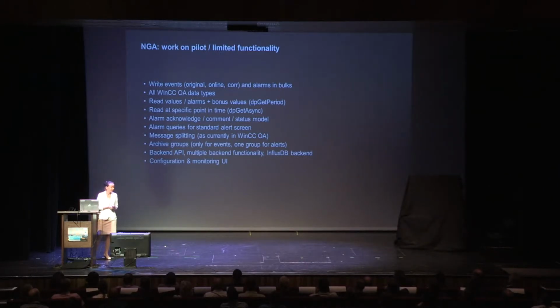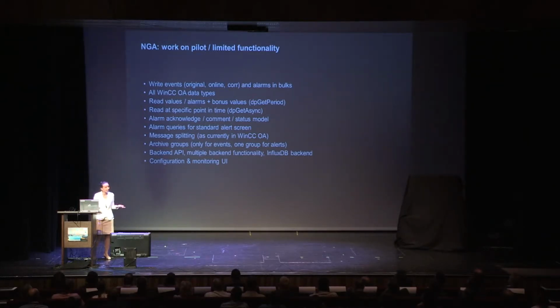And as I told you already before, we are going to provide you with a standardized, documented backend API that we also use for our InfluxDB backend and that you could use to write your own backend. Of course, there's also a user interface for configuration and monitoring.